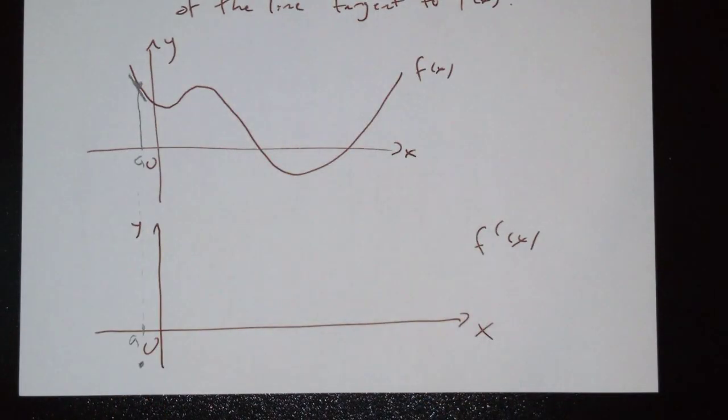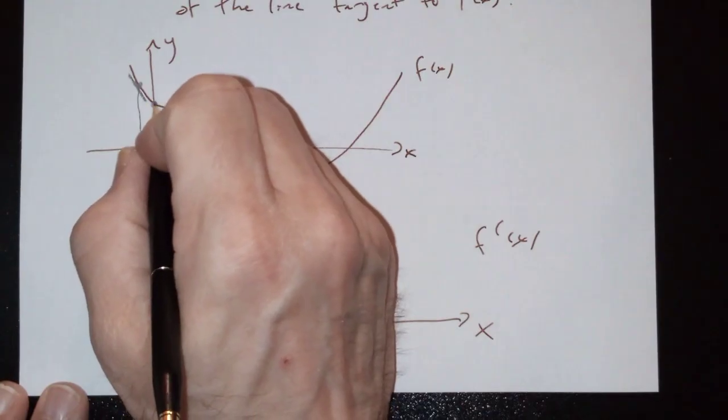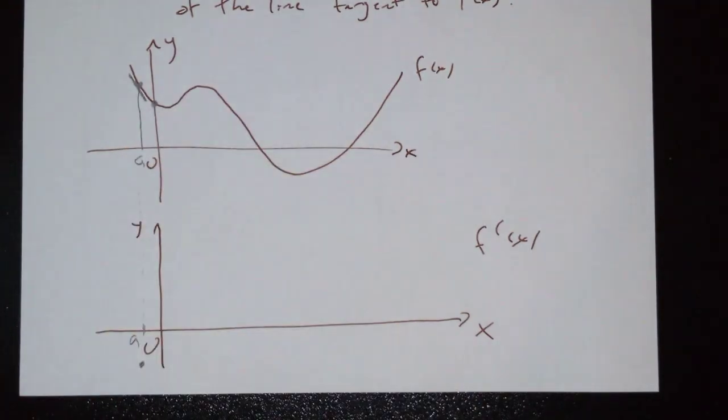Let's move a little further. And what happens at 0? Right here. If I drew a tangent line there, what would you be able to tell me about the slope of that new tangent line?